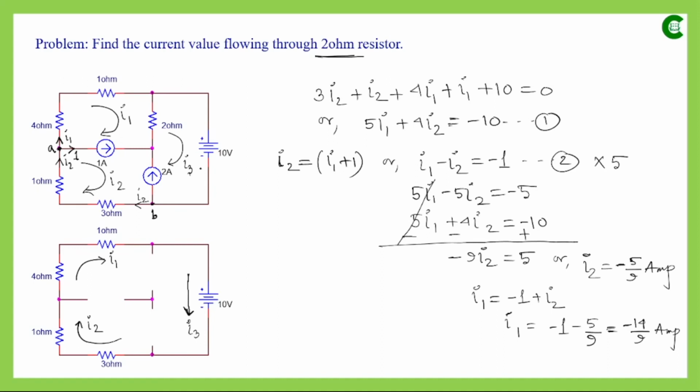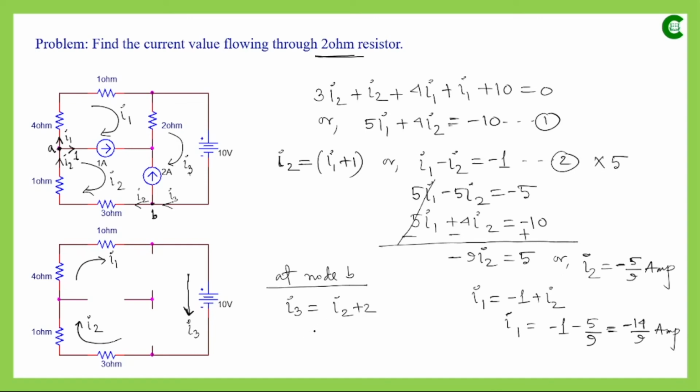The direction of I3 that we assumed is incoming with respect to this node, and the current source and its direction are also given, and it is leaving. So at node B, if we apply KCL, the summation of all the incoming currents equals the summation of all the outgoing currents. The equation will be I3 equals I2 plus 2.